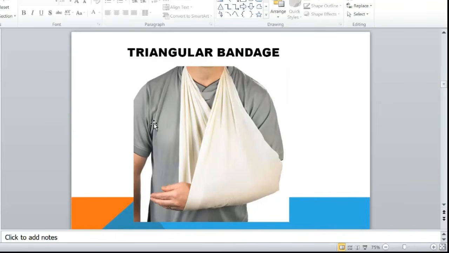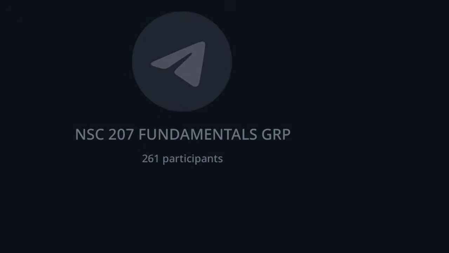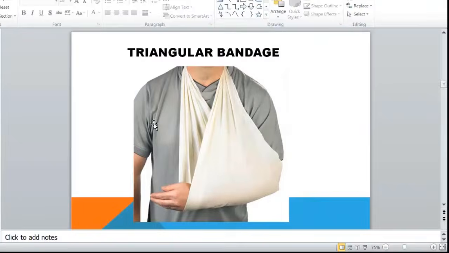This triangular bandage is a big triangle shaped cloth. We can use it as arm sling. You can see that they are using it to support a man. We can also use it as arm sling or head cover. That's an example of triangular bandage.